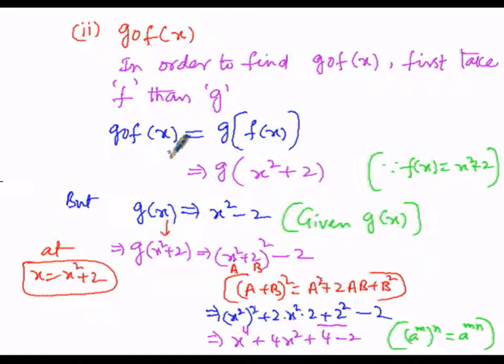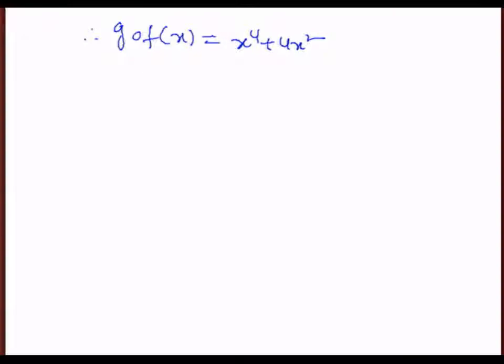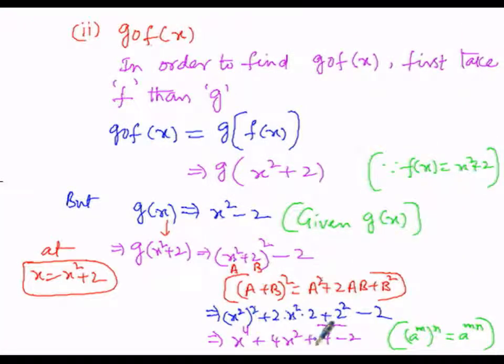Therefore g of f of x is equal to x power 4 plus 4x square, then plus 4 minus 2 as plus 2.